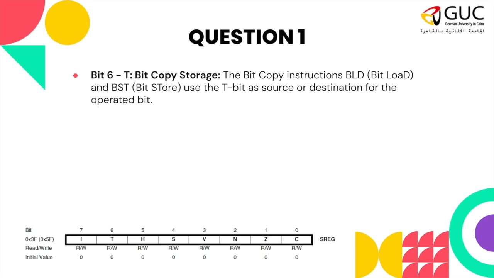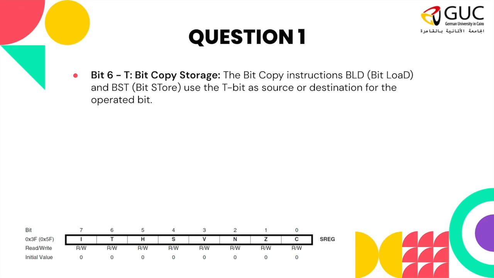If I'm performing an operation and I want to store a bit temporarily in a location, I have two direct assembly instructions that operate on bit number 6 in the status register, which is the T bit. Okay, T from temporary. I can store or load directly from this location in the SREG, bit number 6 in the SREG.